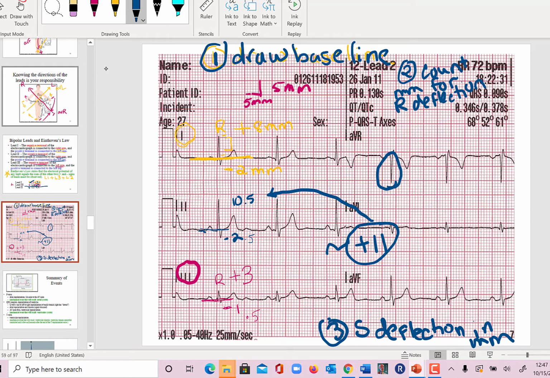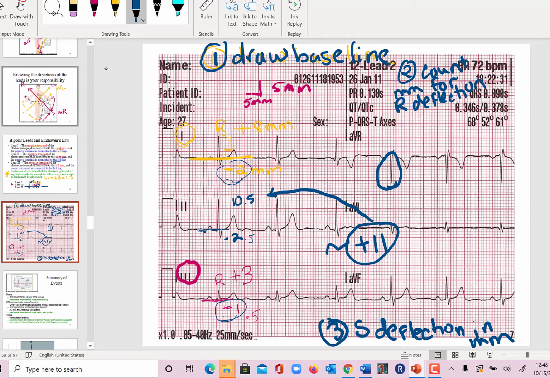Anyway, -2.5. If we look at the -2 for lead 1 and -1 for lead 3, that's a -3. A -2.5 is pretty close to that. So we're pretty close. And again, the trick here is drawing your best fit baseline.